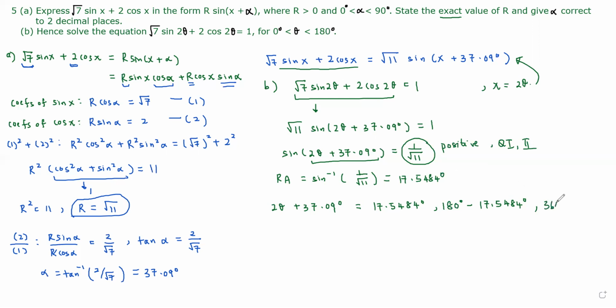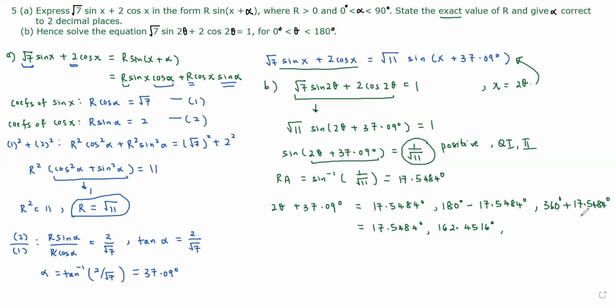You take 360 degrees and add to 17.5484 degrees. Find the coterminal angle. That will give us 17.5484 degrees. 180 minus that is 162.4516 degrees.